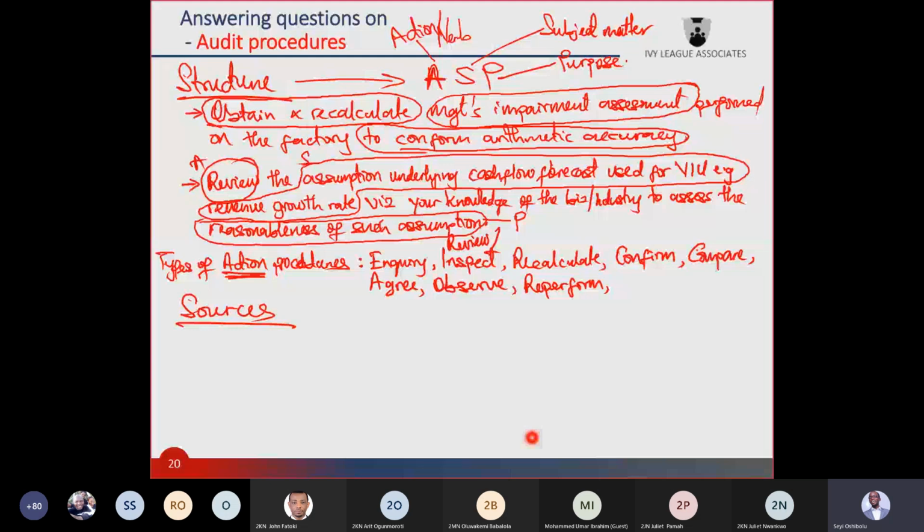But it is possible to know the structure but not know the content. Okay? And this is why we say the most important thing, I say that again, the most important thing to know, to design relevant procedures are the audit objectives you want to achieve for that area. That's the most important thing.